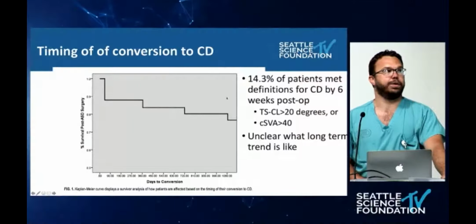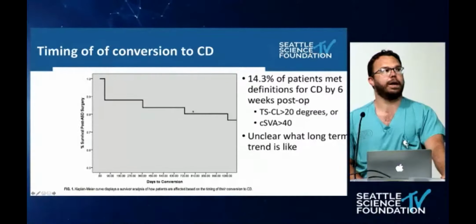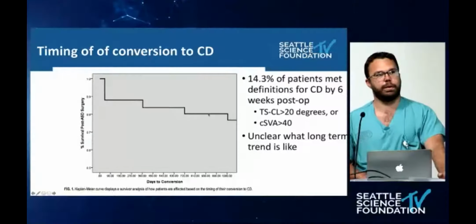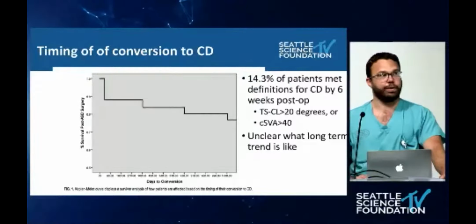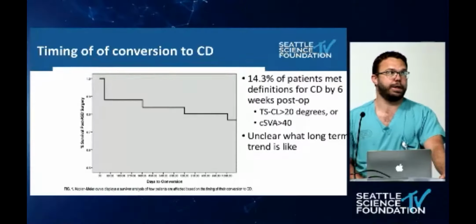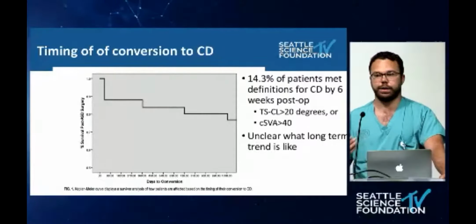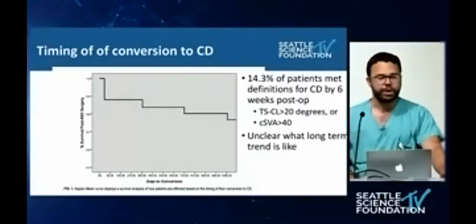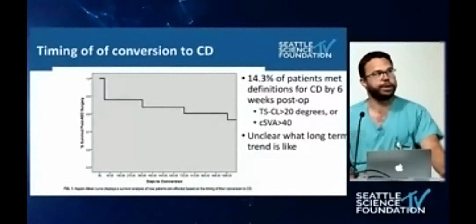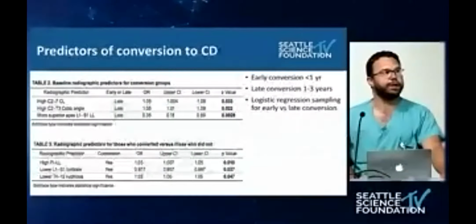And then as you go through time, through the 3-year follow-up, you have a steady increase, this is inverse of the Kaplan-Meier curve, of patients converting to cervical deformity. And this is just at the 3-year mark. It's unclear how this plays out long-term over 5 or 10 years. I imagine it would probably be a similar progression, linear progression.